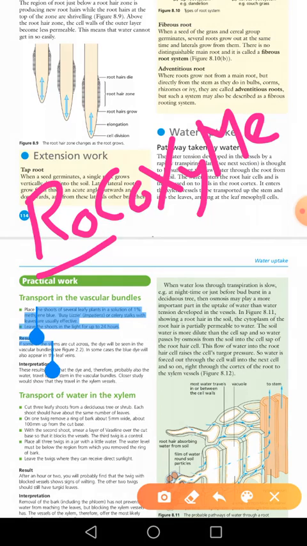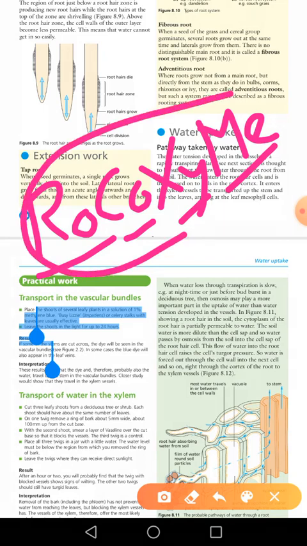From the root hair cells, then through the cortex, then to the xylem, and from the xylem to the mesophyll cells. But how is this whole thing initiated? We need to learn this.